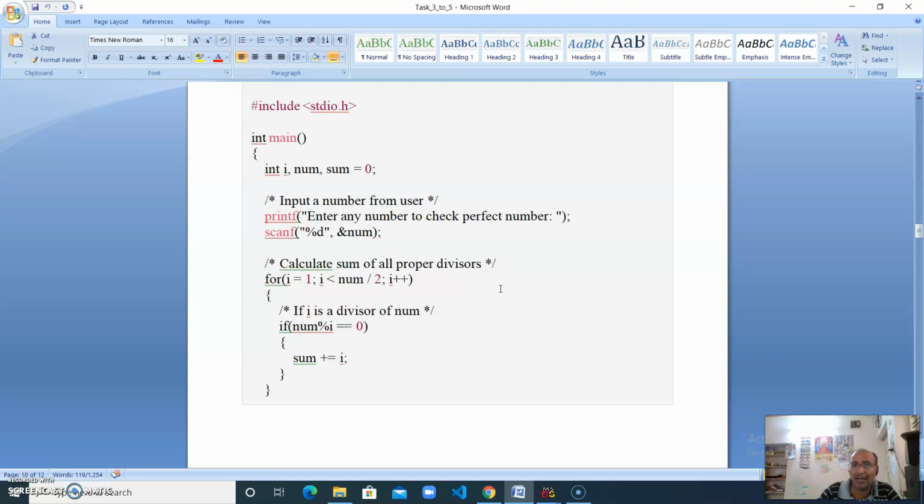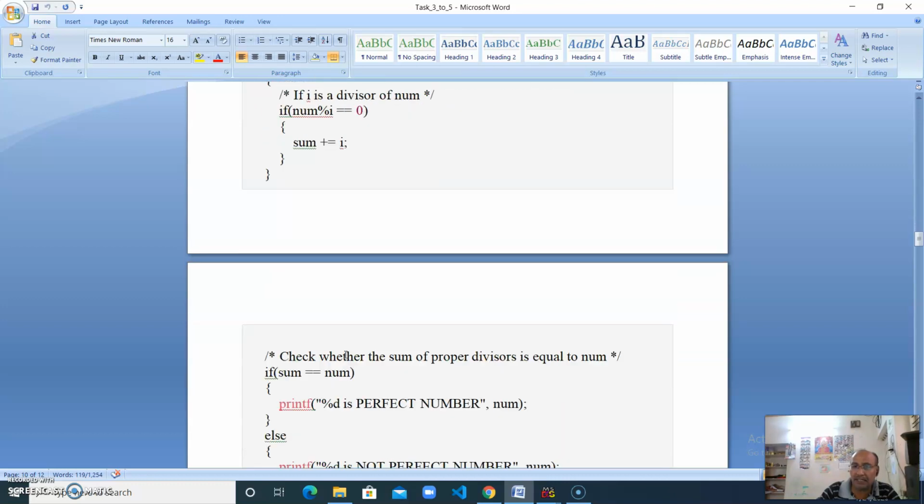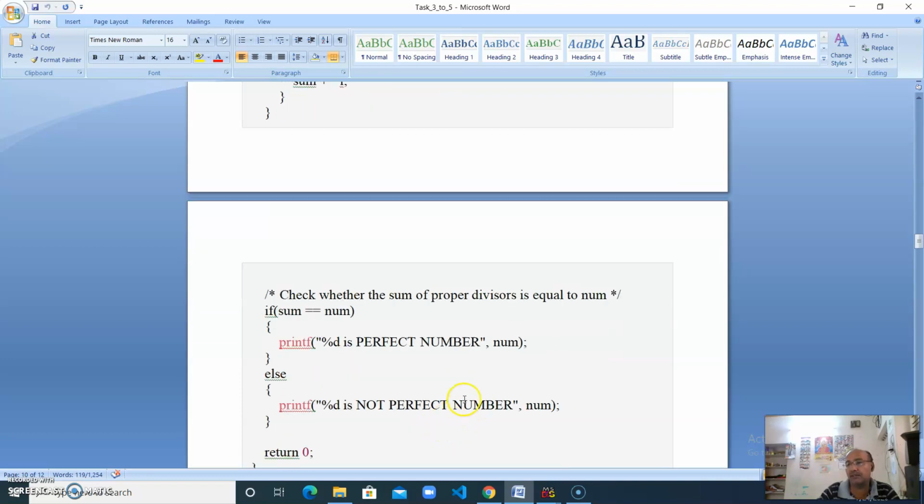That means we have to check the divisors. If num modulus i equals 0, at that time sum equals sum plus i, that is, sum plus equals i. Understood? If sum equals num, printf that is a perfect number. Otherwise, not a perfect number.